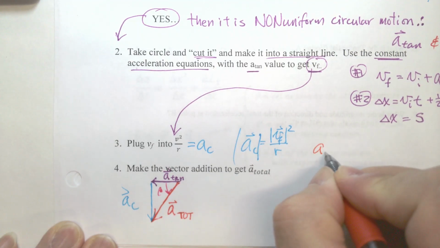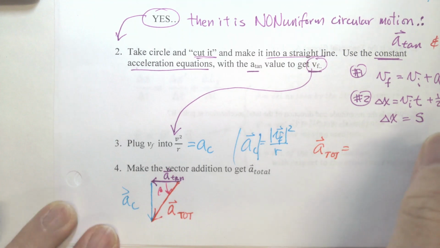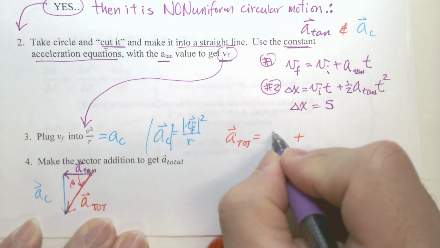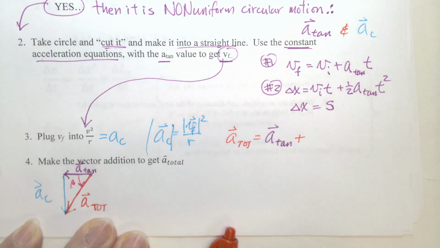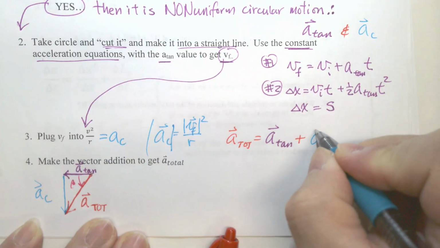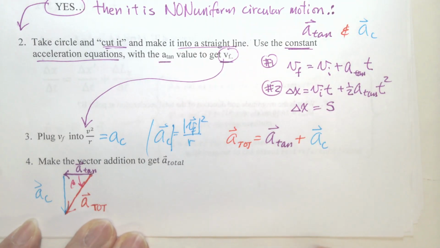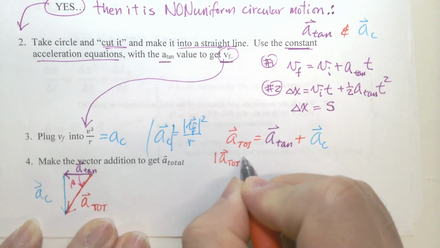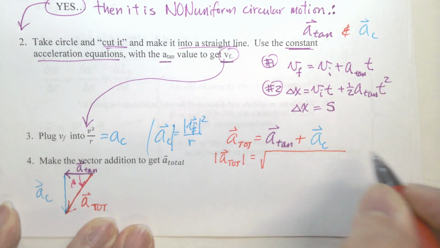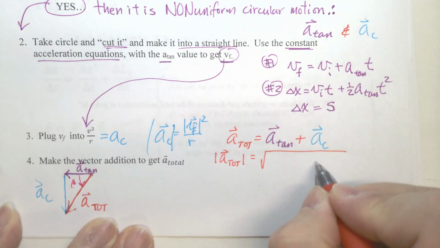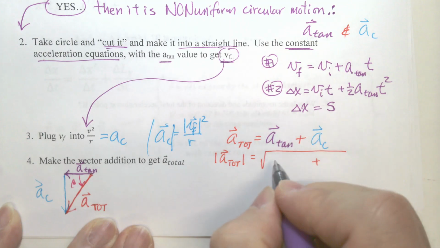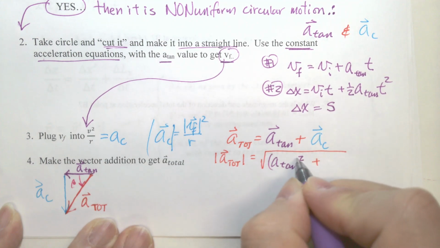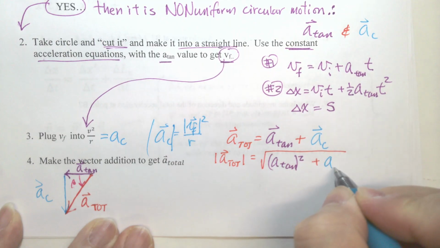So my a total is simply a vector addition of those two accelerations, a tangential plus a radial. So the magnitude of this a total is simply the square root of a tangential squared plus a radial squared.